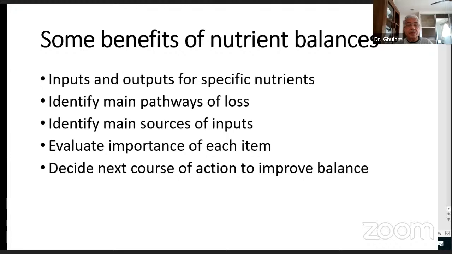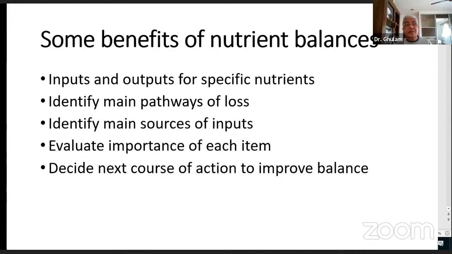What they do here when they construct a nutrient balance is to get as much information as possible from good sources. That means reliable information, reliable data, and then they construct this side inputs, the other side outputs, and compare.